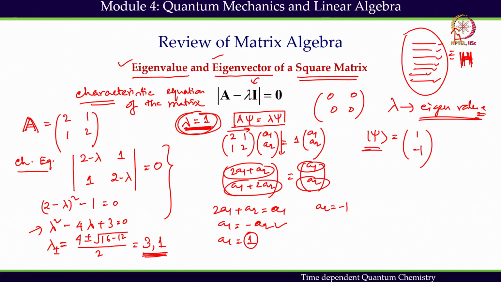One can suggest, okay, I do not want to use 1, I want to use 2, and then I get 2, minus 2, that is also fine. It does not matter what we use, because the moment we take 2, I am changing the basis, and depending on the basis I may get different coefficients.